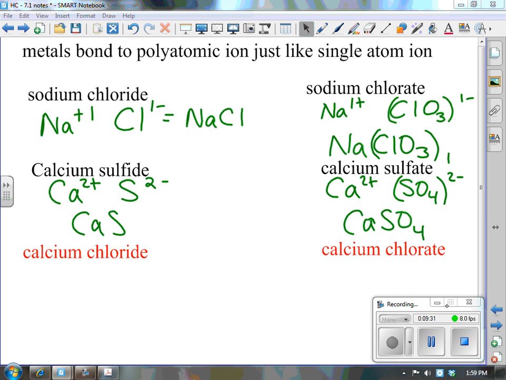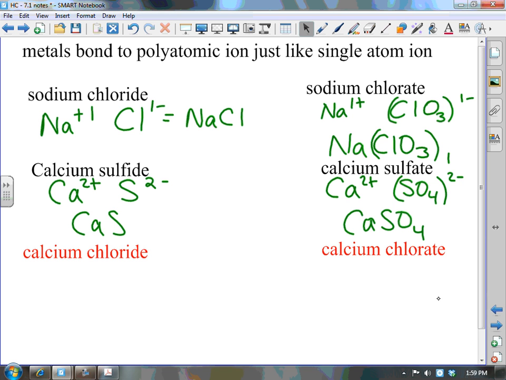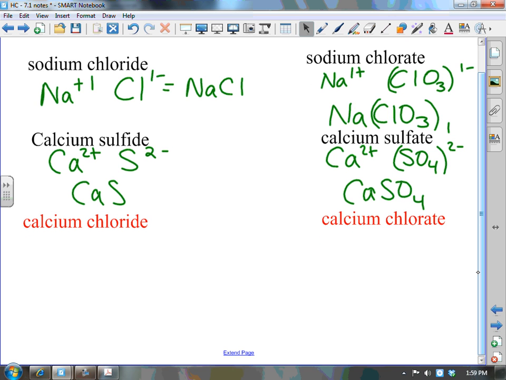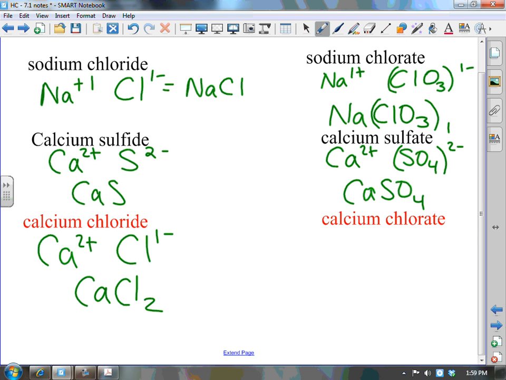CaSO4. Calcium chloride. Calcium, 2 plus. Chloride is chlorine, 1-. CaCl2.